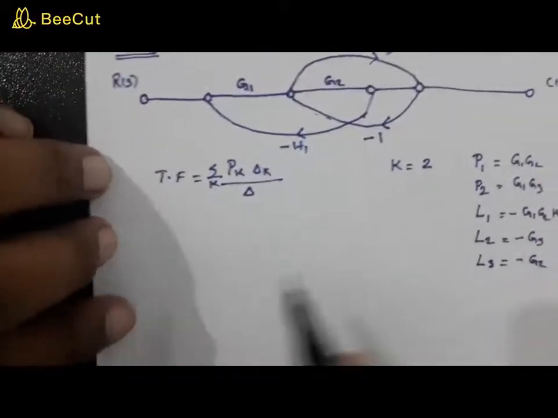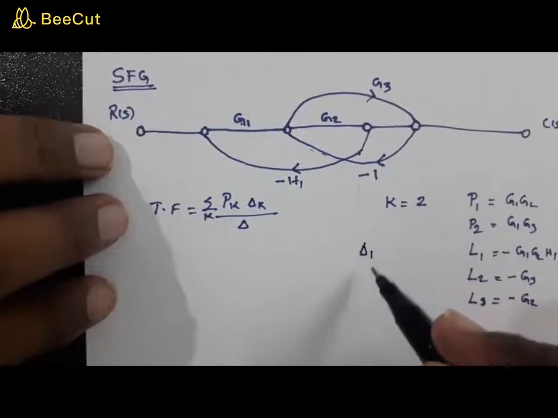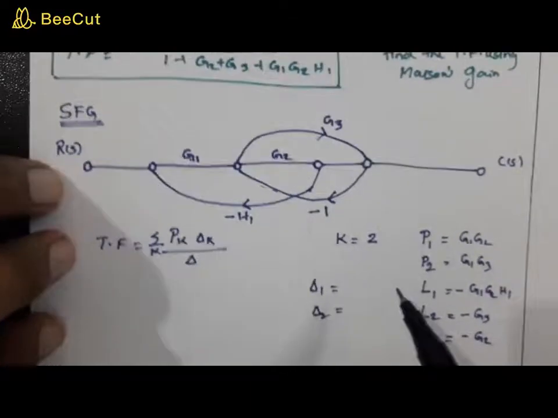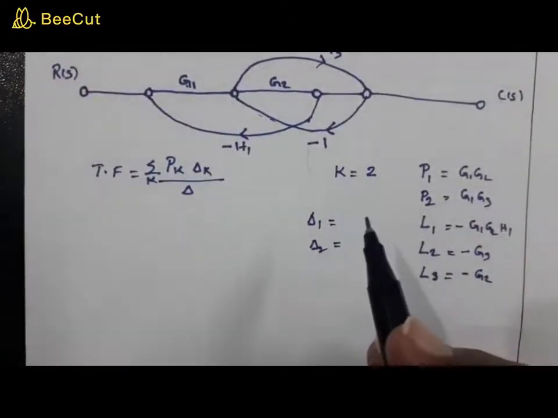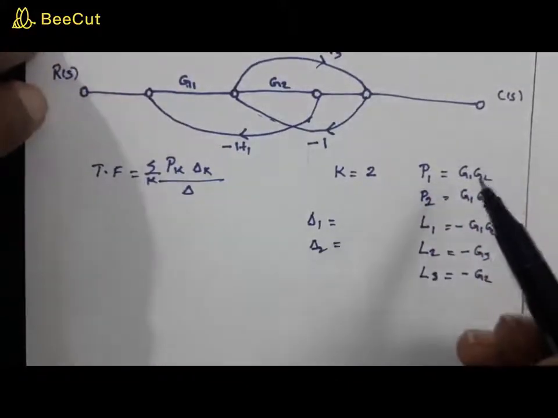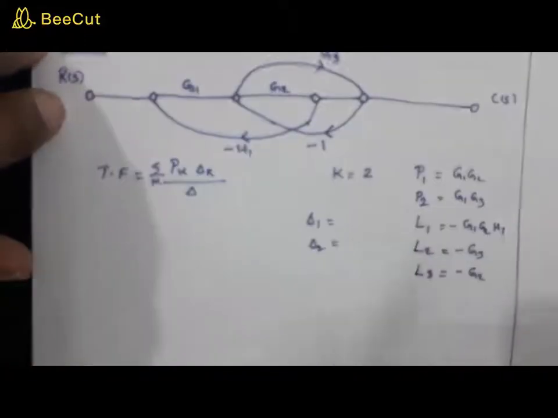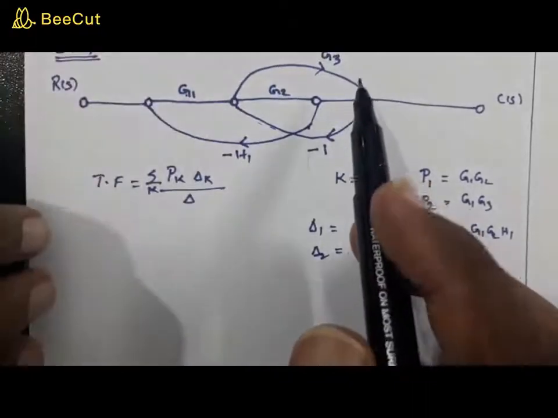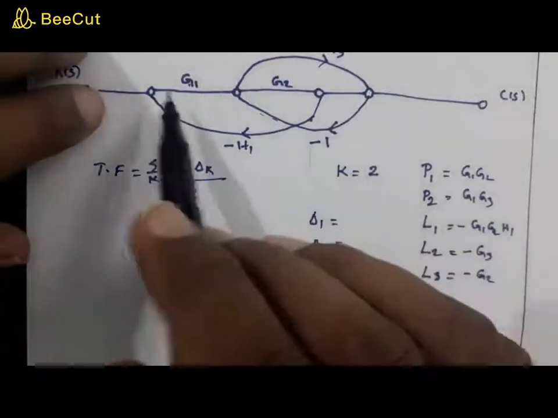Now, what about delta 1 and delta 2? How will you find out delta k? Delta k is the graph determinant when that kth path is taken away from this graph. Now, let us try to take away G1, G2. When you take G1 and G2, all these knots will be removed from this graph, meaning none of these loops are separate from these knots.